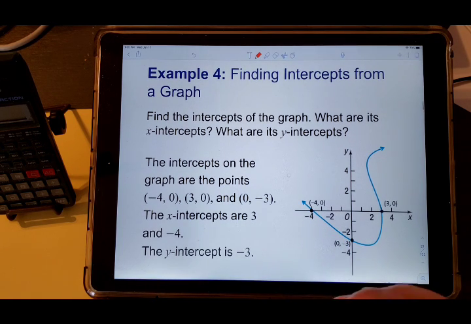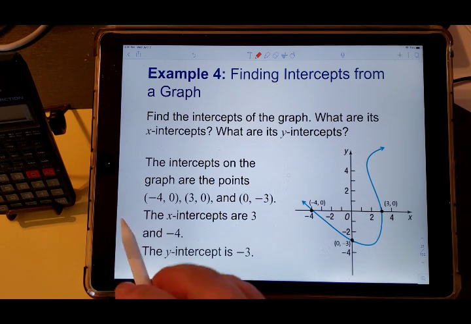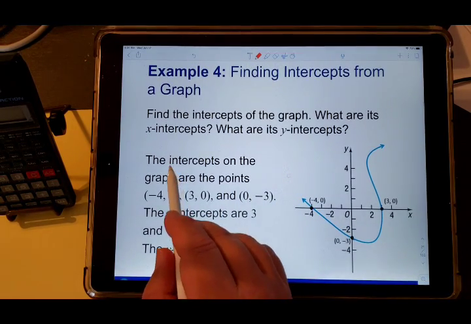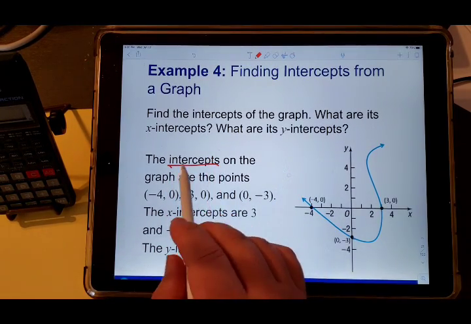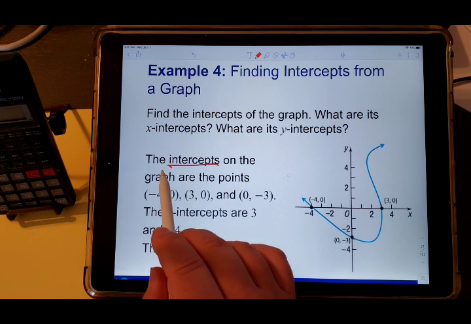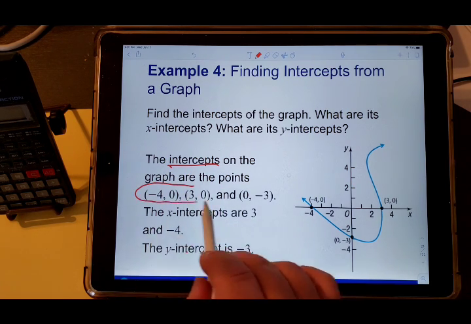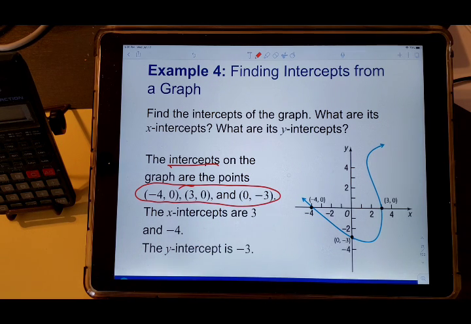Now, this is a quirk both in the book and on the website, so let me give you this tip right now. When the book and the website talk about intercepts without a letter, if it just says intercepts, they will give you the entirety of that intercept.